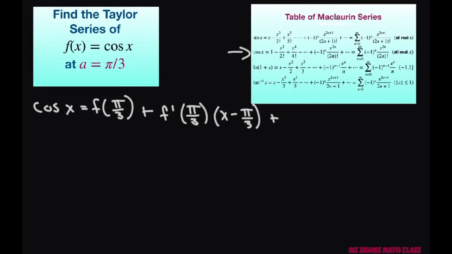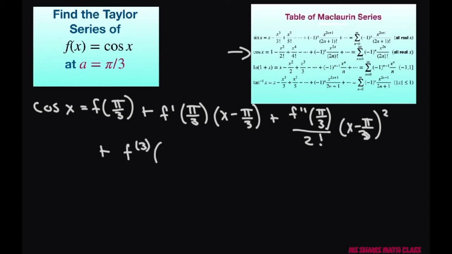And then we have plus f double prime of π/3 divided by 2 factorial times (x − π/3), and this is going to be squared. And then we have plus our third derivative of π/3 divided by 3 factorial times (x − π/3) cubed.